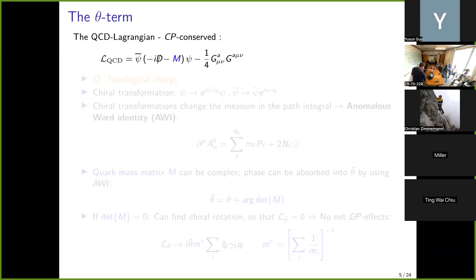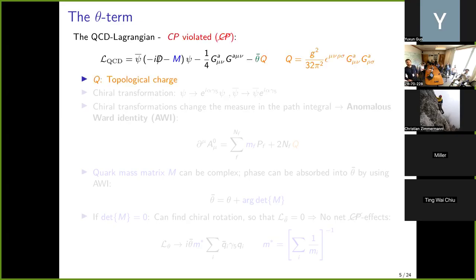Right. So, what is the theta term? Here I show you the QCD-Lagrangian as we have it right now in the standard model. So basically the fermionic part with the quarks, with the gauge covariant Dirac operator, the mass matrix, and the free gauge part basically, which conserves CP symmetry.